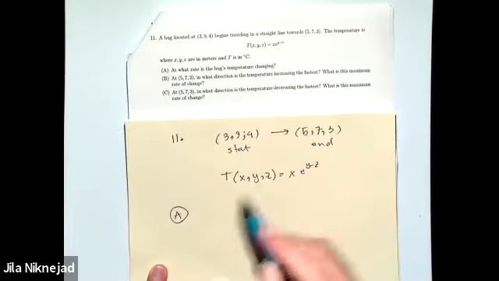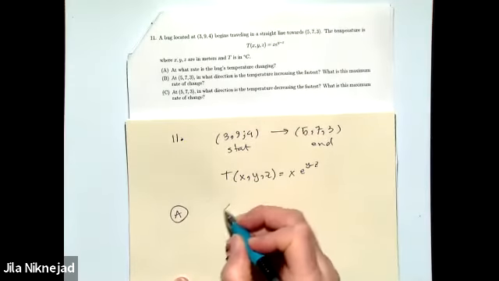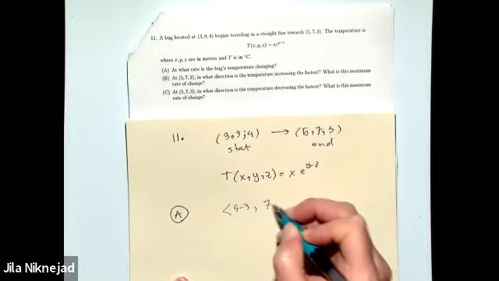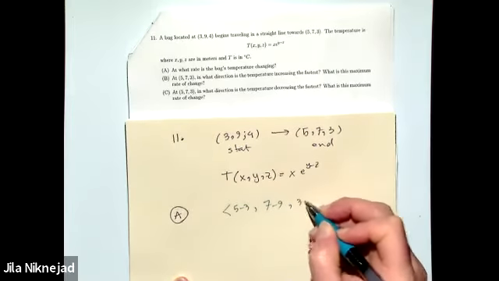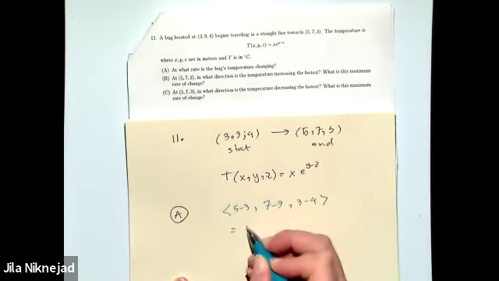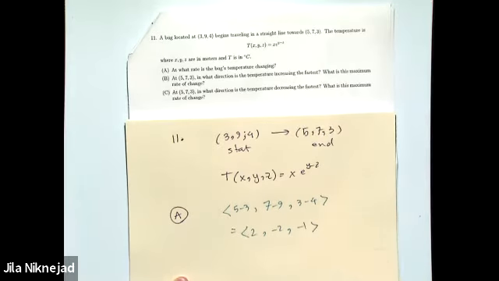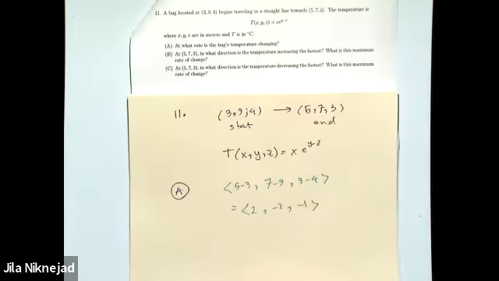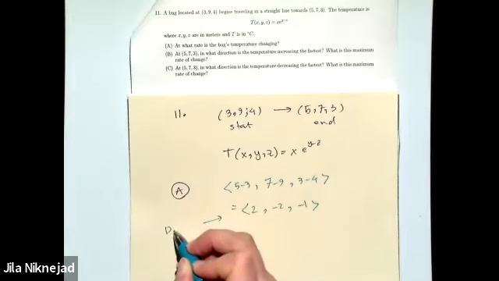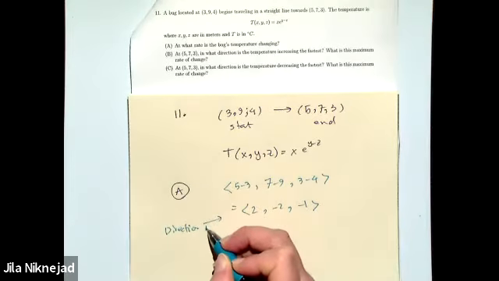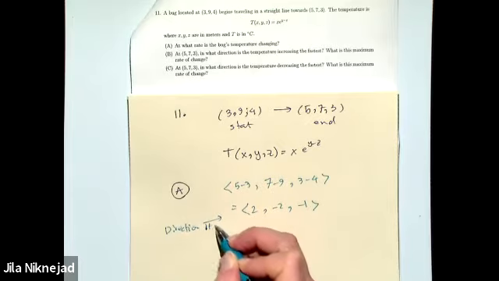The direction is 5 minus 3, 7 minus 9, 3 minus 4. And that's 2, negative 2, negative 1. So that's the direction the bug is going.